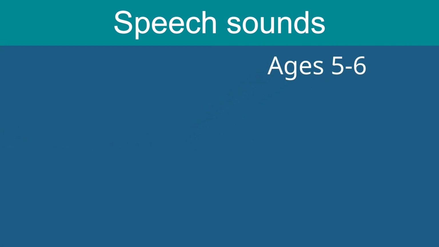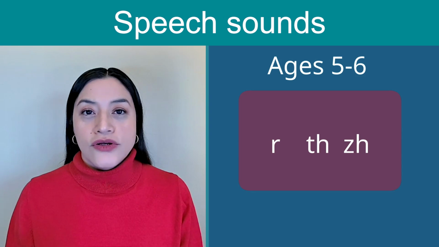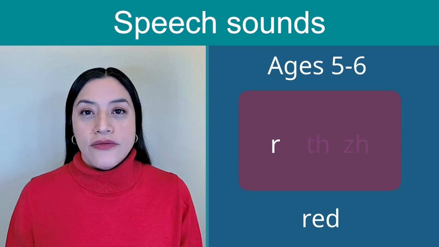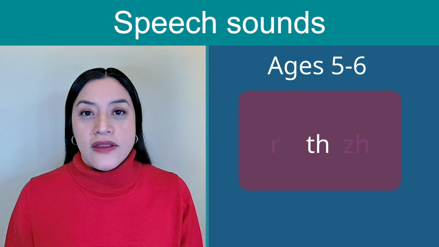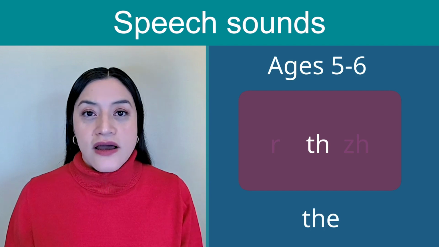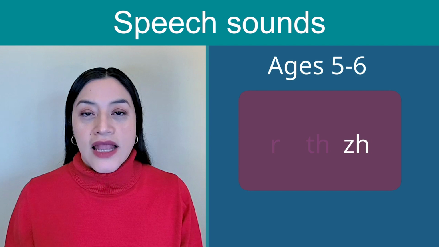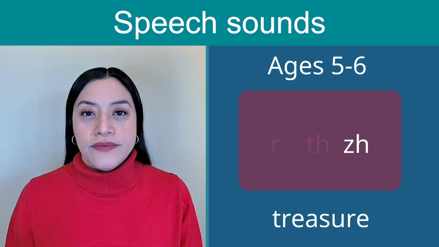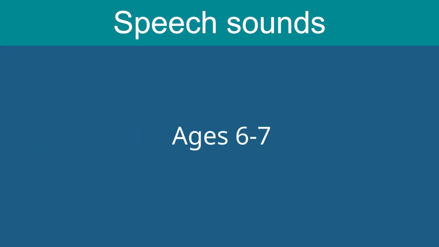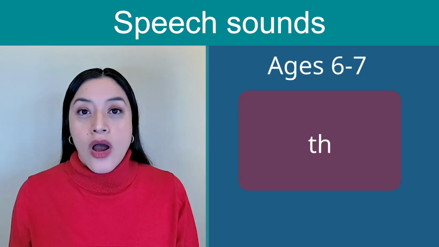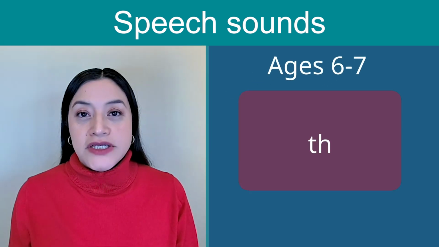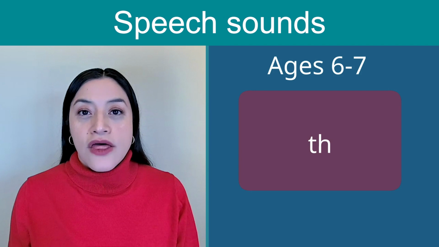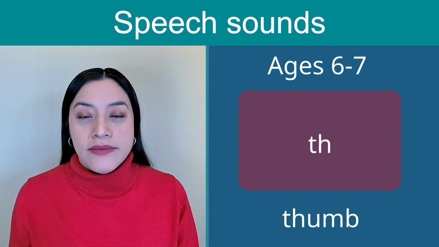Between 5 and 6 years old, most children will learn to say R as in red, the loud th as in the, and zh, like in the middle of treasure. Between 6 and 7 years old, most children will learn the last speech sound to develop, which is the quiet th sound, as in thumb.